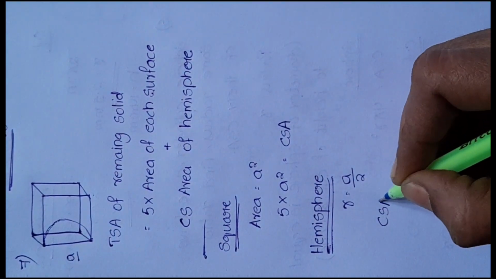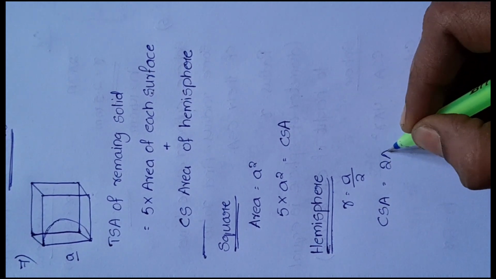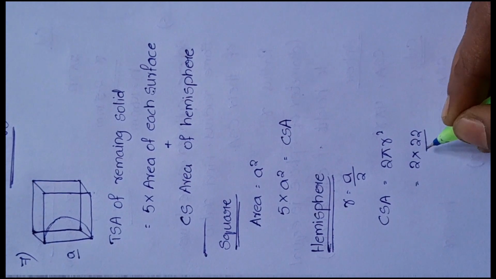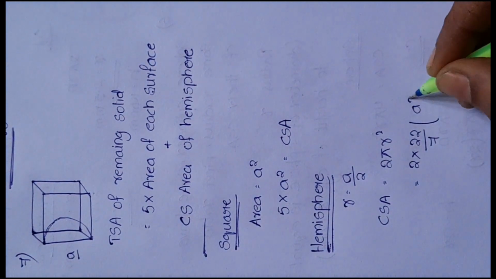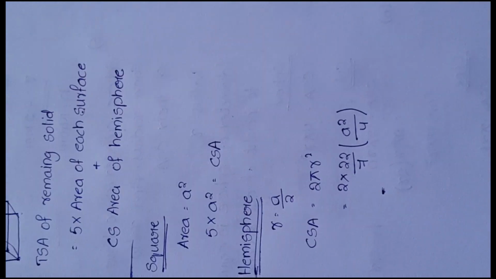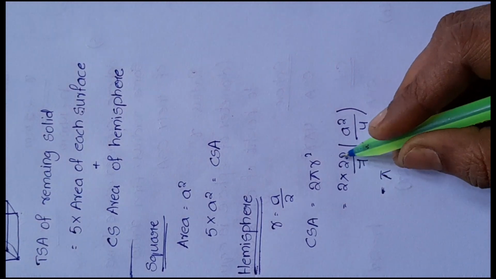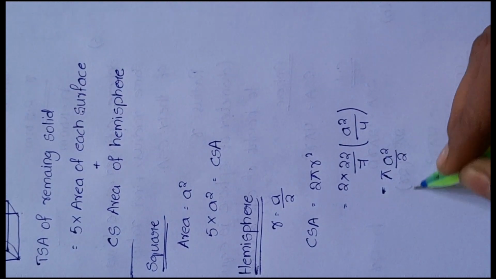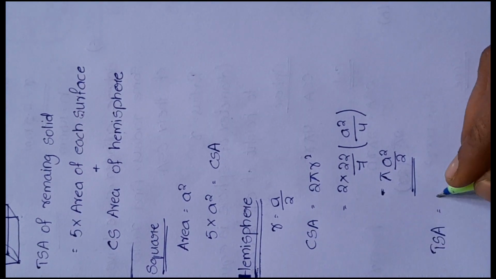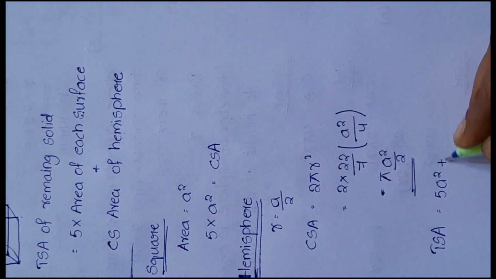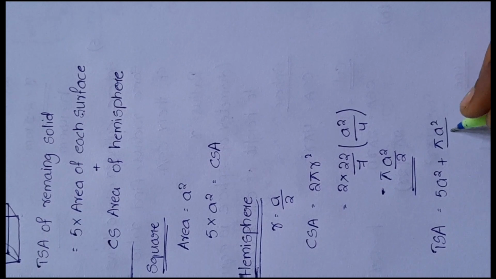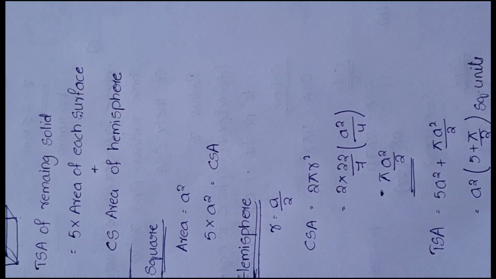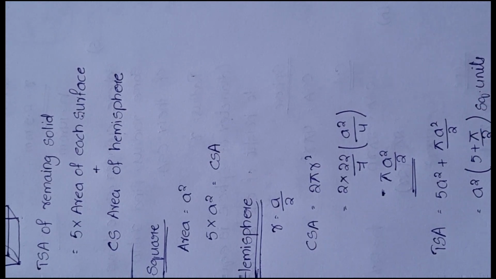The curved surface area formula is 2 pi r square, that is 2 into 22 by 7, r square is a square by 4. Consider 22 by 7 as pi only, so we get pi a square by 2. Now the total surface area is 5a square plus pi a square by 2, which is equal to, a square is taken in common, so the total surface area is a square into 5 plus pi by 2.